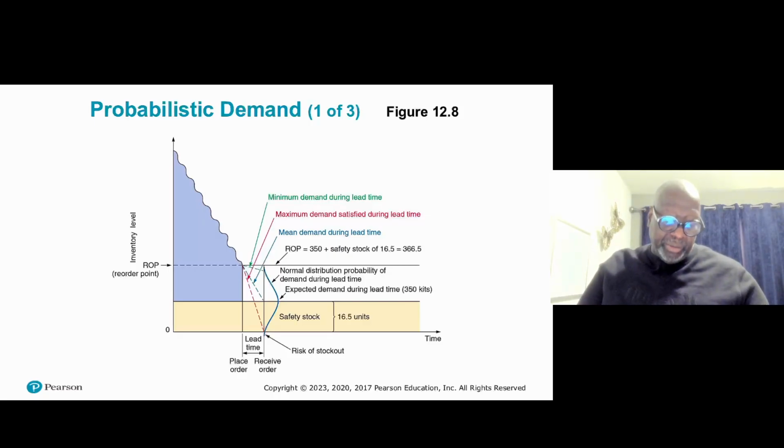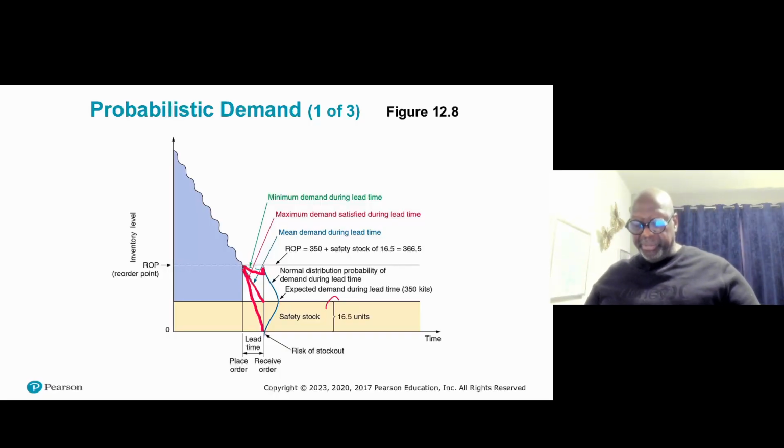So you're seeing 3 different slopes that represent if there's a significant change from your demand rate, and you consume faster, then you could run out of stock. If you just continue, then no problem. And then here, if it's slower, then you're going to have stock left when the item actually arrives, right?